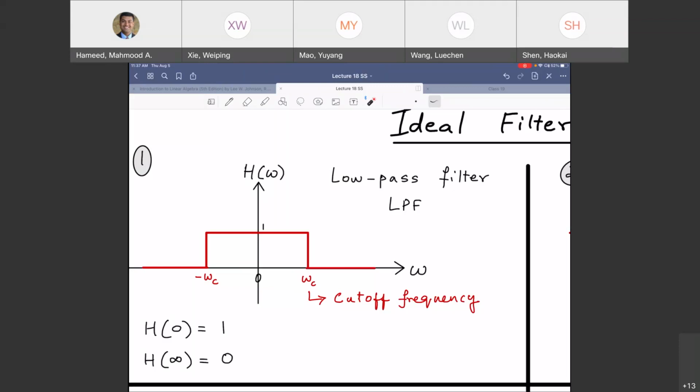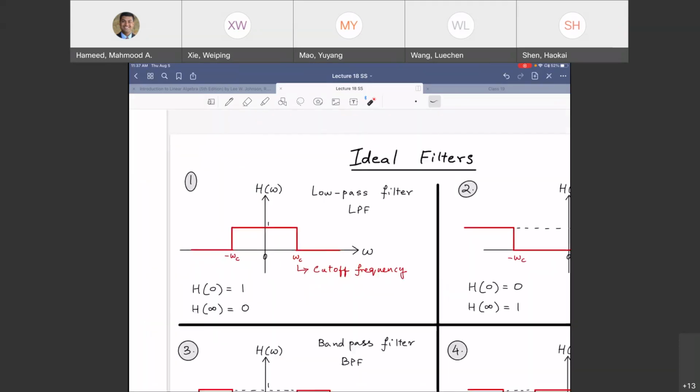As omega goes to infinity, it has to go to 0. In other words, as 1 over omega goes to 0, it has to go to 0, right? You can reverse that. Instead of saying omega goes to infinity, you can say 1 over omega goes to 0. So those are going to be our steps that we will use deriving the Butterworth filter. Again, we'll take a look at that later on as well.